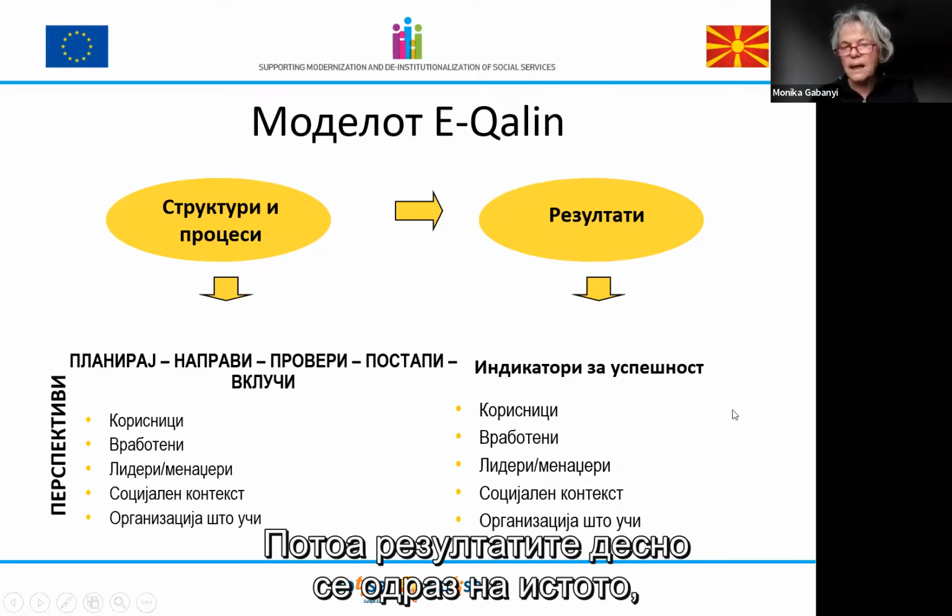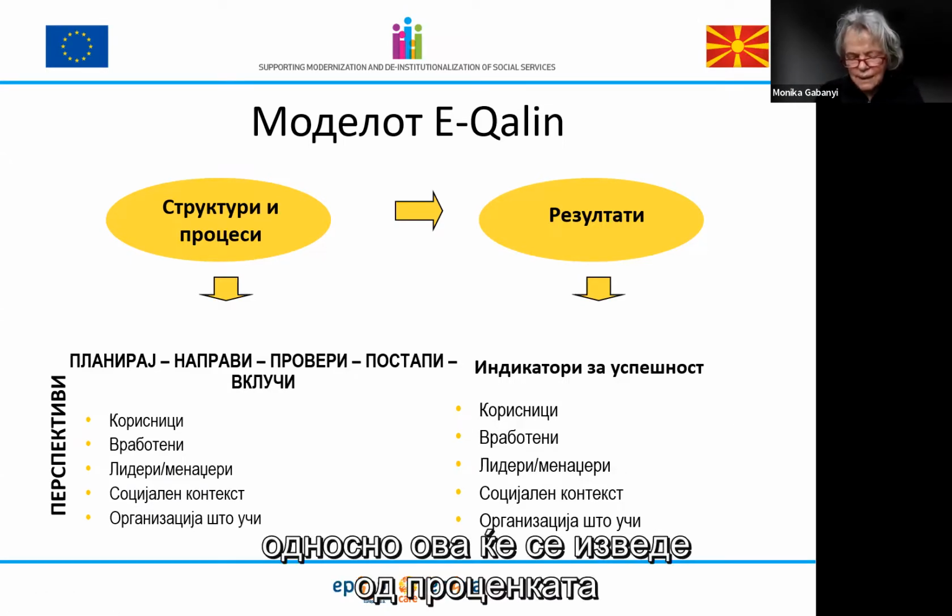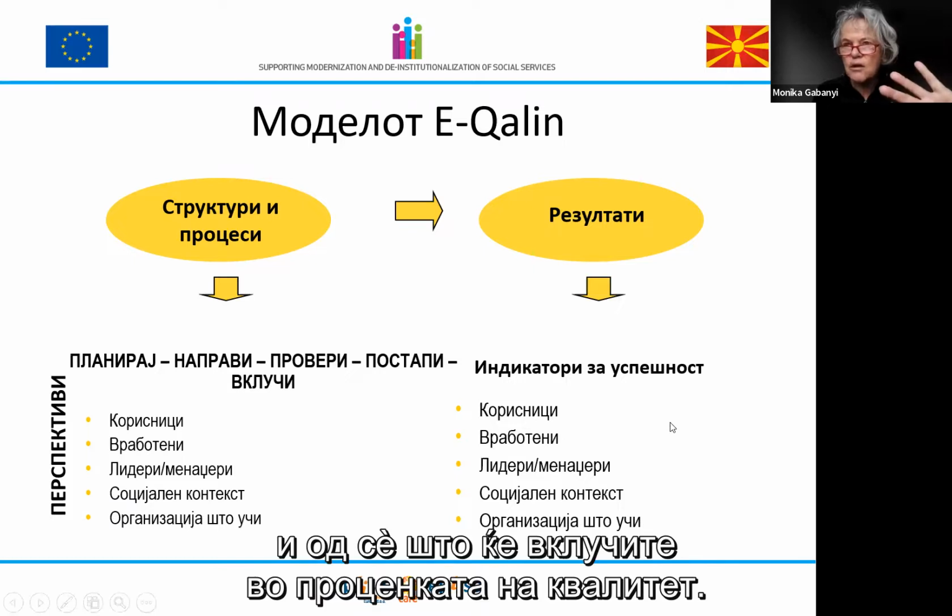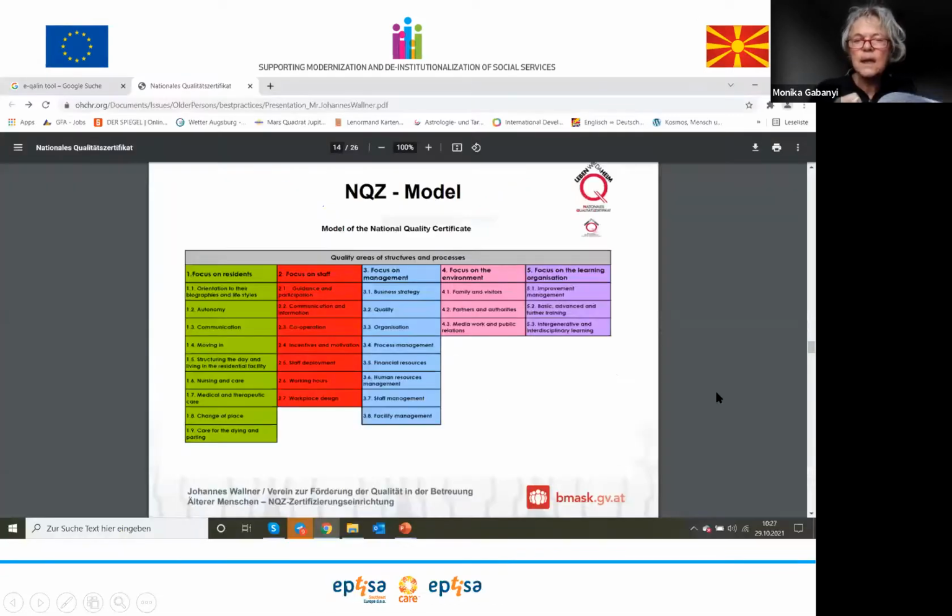And then the result on the right side reflects the same, and it means that this will be derived from the assessment and from everything you include in this quality assessment, what comes now.